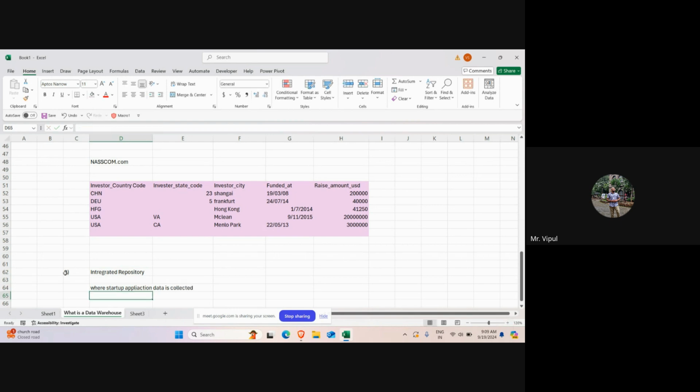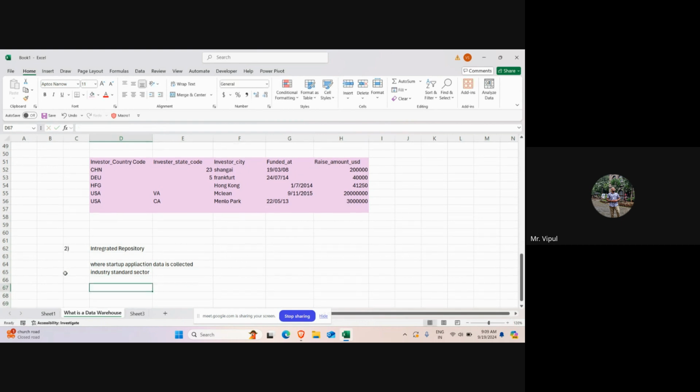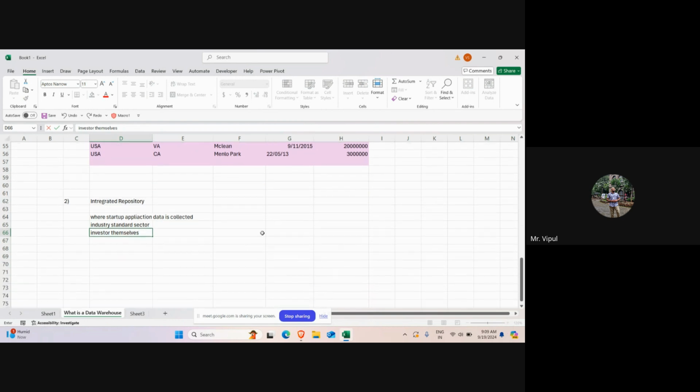There might be another database which contains industry standard sector, and there might be another database which contains information about the investors themselves. So what we are saying is that when building a data warehouse, we must bring together all the information from these multiple sources into a single integrated data warehouse repository hosted in a single location.